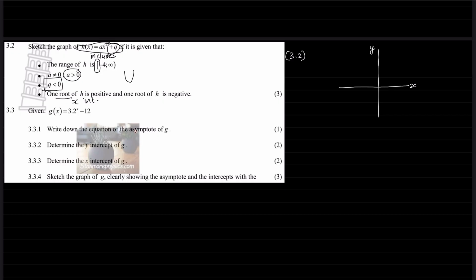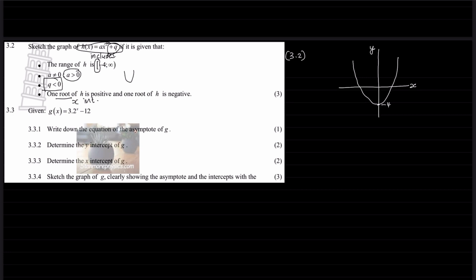They tell us that the range, meaning the y values, are from -4 all the way up to infinity. So we will put -4 and we will include this. We know that it is a smiling face. So if we draw in that smiling face, remember it does touch -4 because it does include -4, like so.